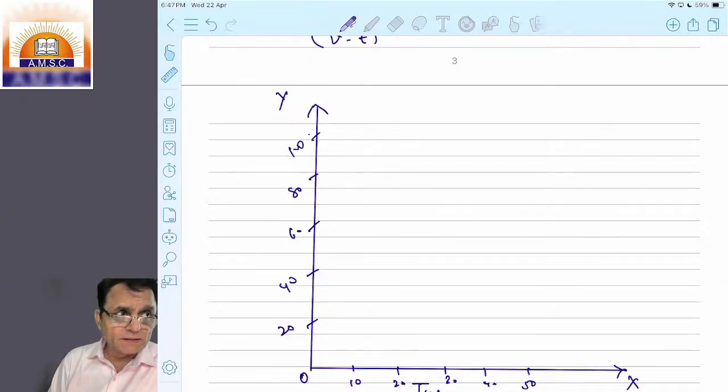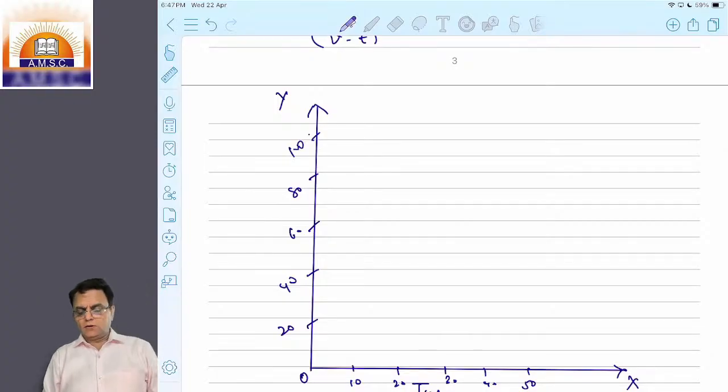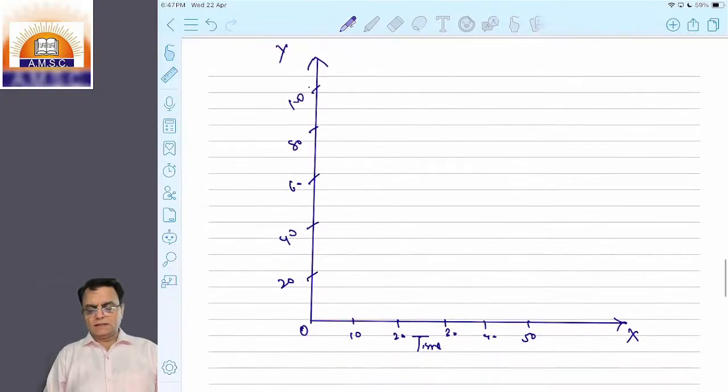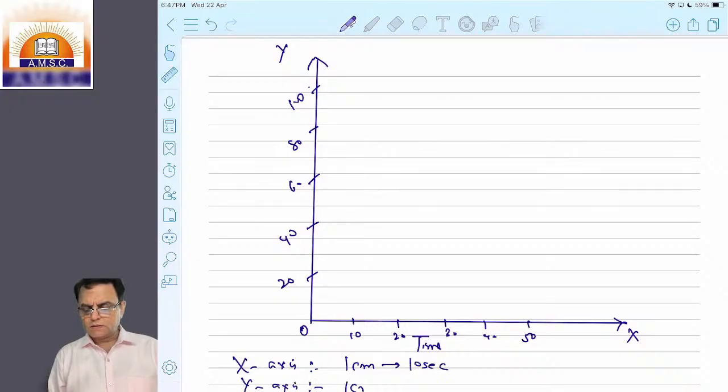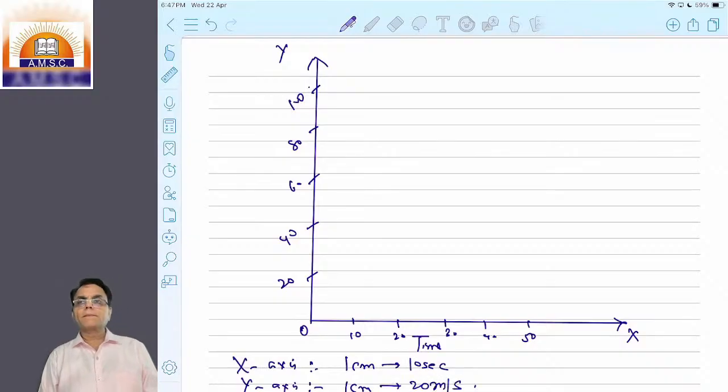Here 1 centimeter on the y-axis amounts to 20 meter per second, and on the x-axis 1 centimeter amounts to 10 seconds. Is the scale clear? You have to assume the scale in this way. On the x-axis, what scale did you take? 1 centimeter corresponds to 10 seconds, and on the y-axis 1 centimeter corresponds to 20 meter per second.